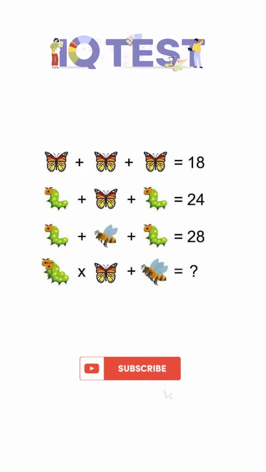So you have 18 multiplied by the butterfly, which is 6, plus you have 2 bees. 1 bee is 10, so 2 is going to be 20. So you are supposed to have 18 multiplied by 6 plus 20. So you need to do the multiplication first. So your answer will be more than 64.